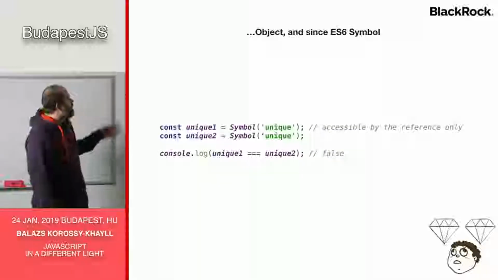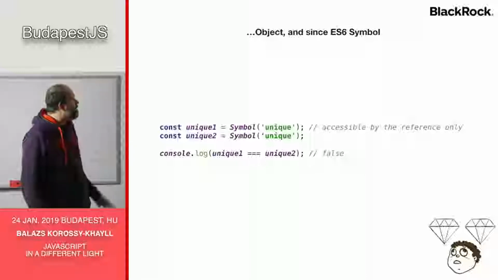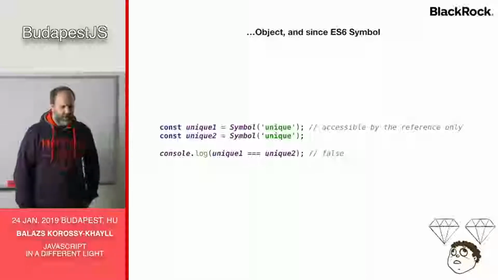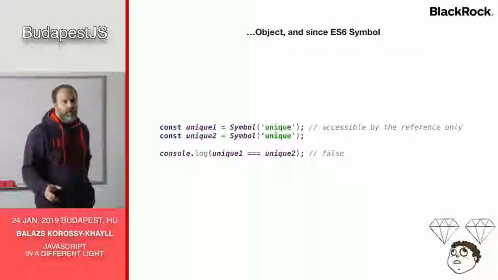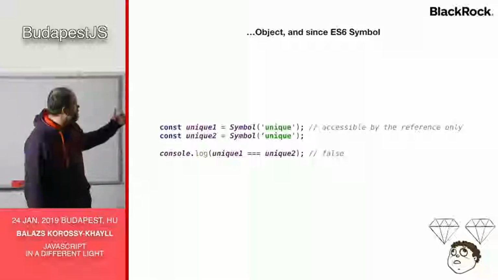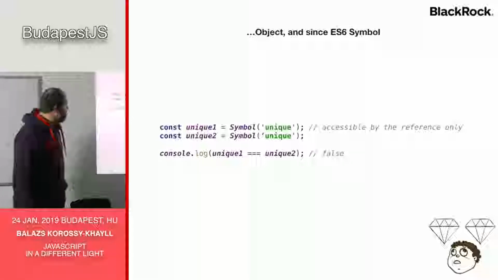There's object, obviously, and then this newer thing, symbol. Symbols are very special. They are unique values, and there are only two operations defined on them. This is how you create a symbol.